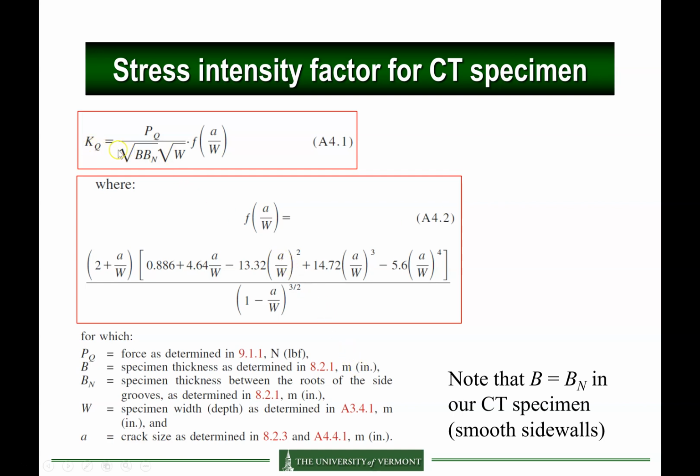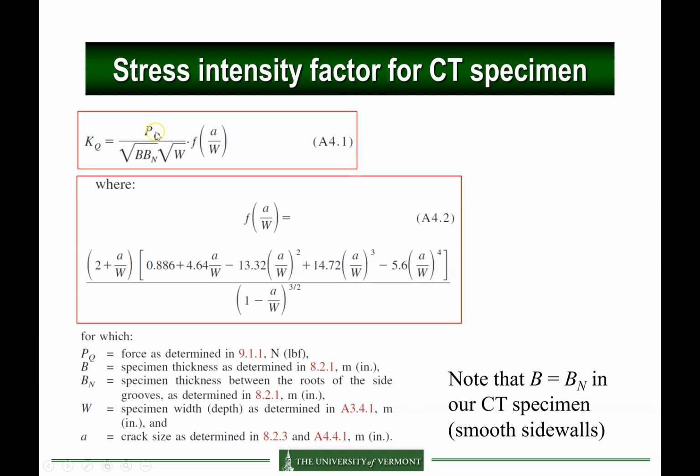So the parameters that are known in this equation at the beginning of the test: you can measure the thickness B and the width W. So these are imposed by the design of the specimen. You apply the load P, so you're controlling that, and you will have to measure the crack length. So typically, while we're doing these experiments, we are going to estimate the A here to start with, then increase the load until it fails, find the critical load.